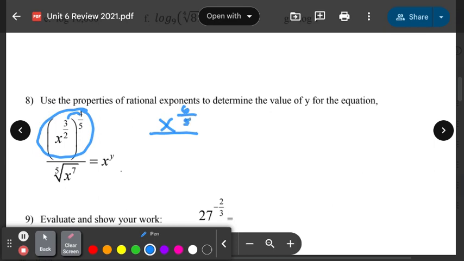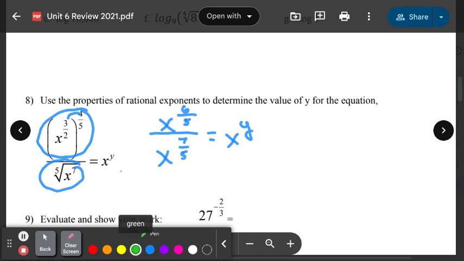It's fine. And then the denominator, it's in radical form. When you're working with exponents, you want it to all be in exponential form, so you can use laws of exponents. So the fifth root of x to the 7 is the same thing as x to the 7 over 5 equals x to the y.